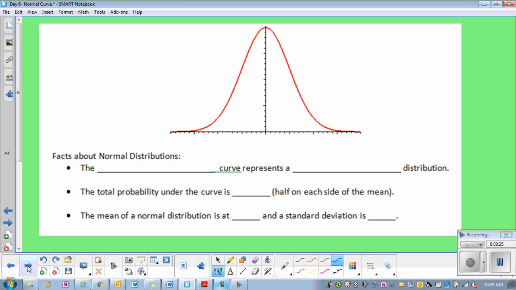So some things about normal distributions. Guys, normal distributions look like this, okay? This is called a bell curve, so the bell curve represents a normal distribution.